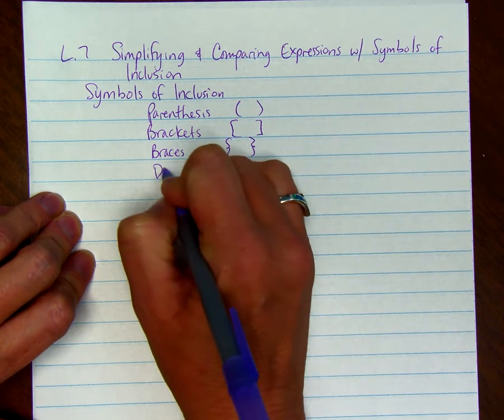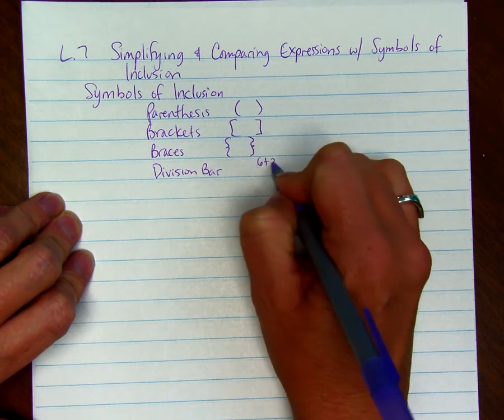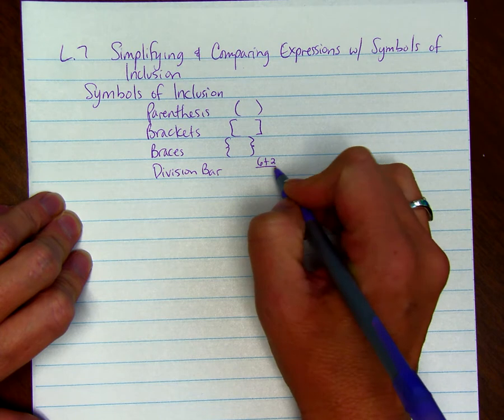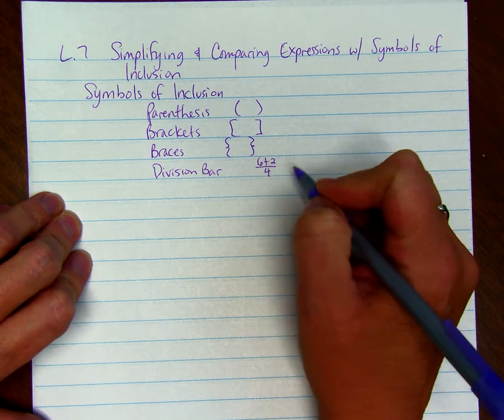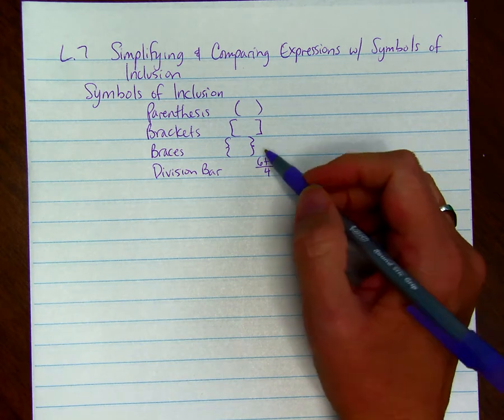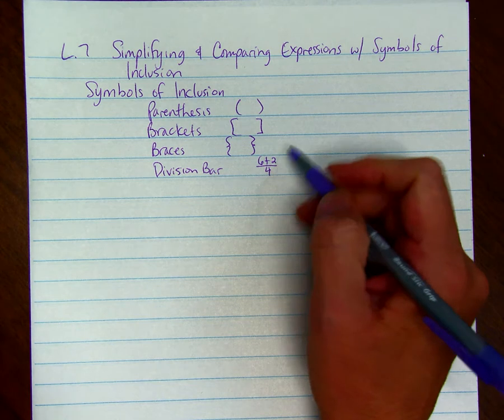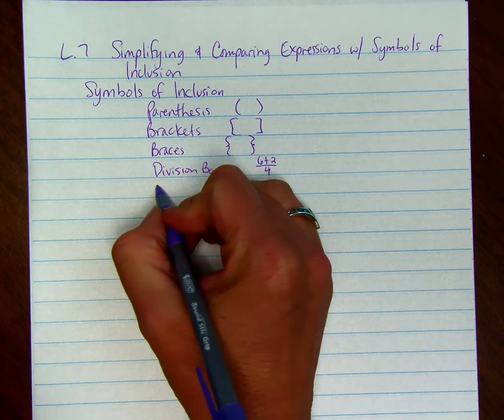A division bar counts. That's because if you have a numerator or a denominator that is not simplified, the division bar is like parentheses in that it tells you that you need to simplify the numerator first and simplify the denominator before you divide.